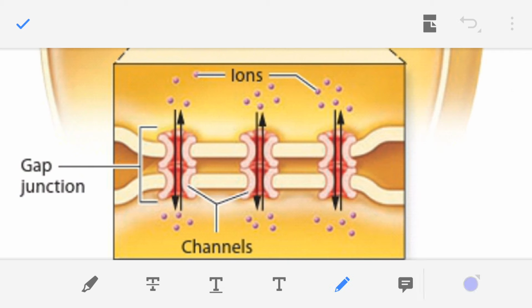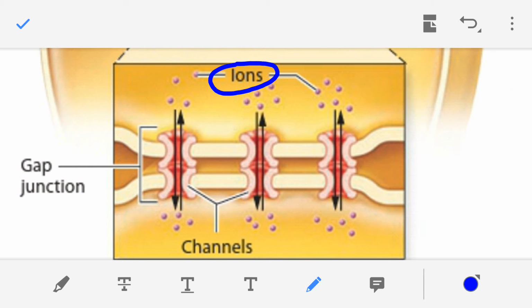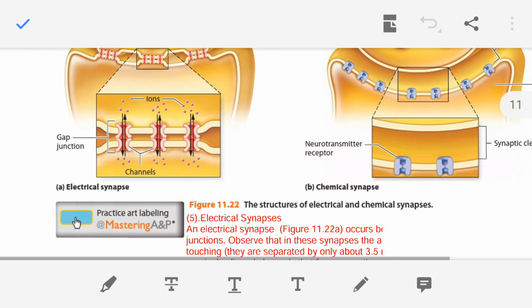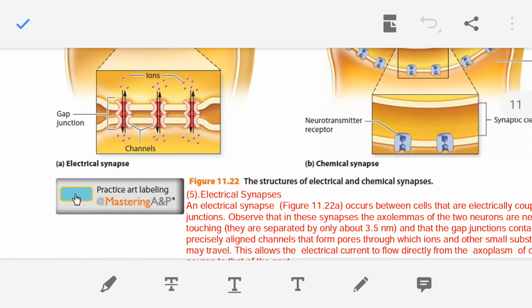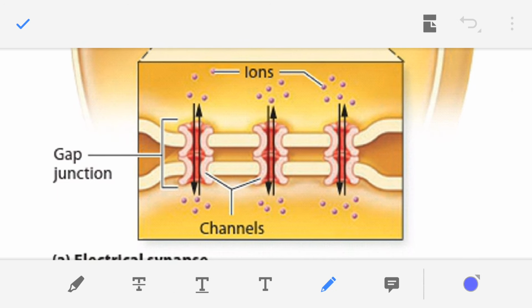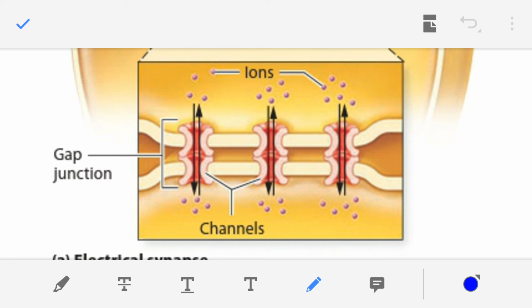And here the ions are shown with the purple dots. So in an electrical synapse, the ions and other substances can travel in both directions. So an ion can enter over here, or from here the ion can move to this cell.